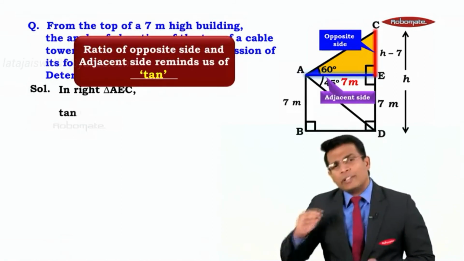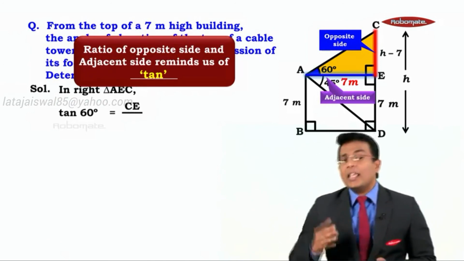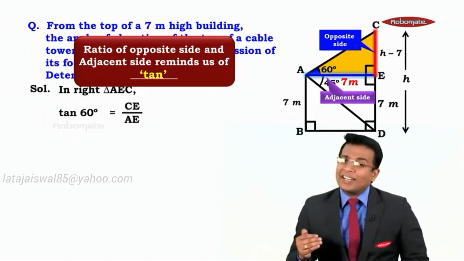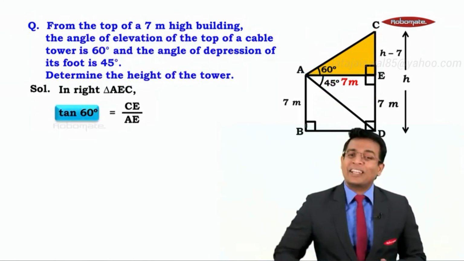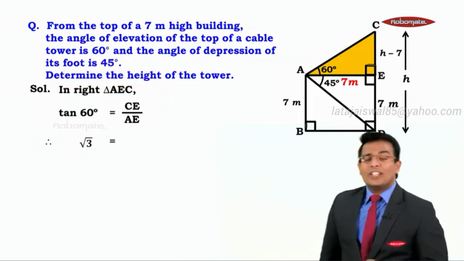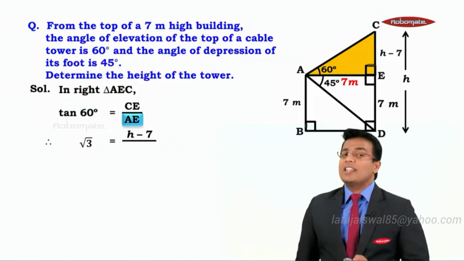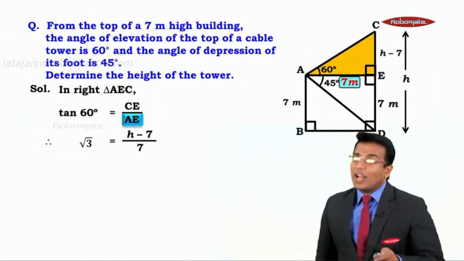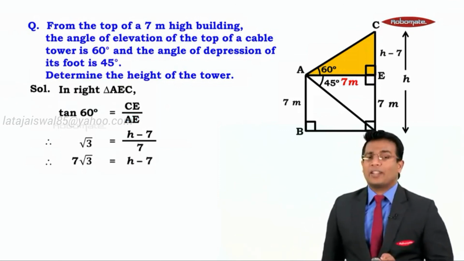So now use tan for 60 degrees. We write tan of 60 is equal to the opposite side, that is CE, upon the adjacent side, that is AE. Now you know tan of 60? Yes, from the table we know that tan of 60 is root 3. Substitute that value, equal to CE, which we know is h minus 7, and the value of AE is 7. Now cross multiply. So we get 7 into root 3 is equal to h minus 7.